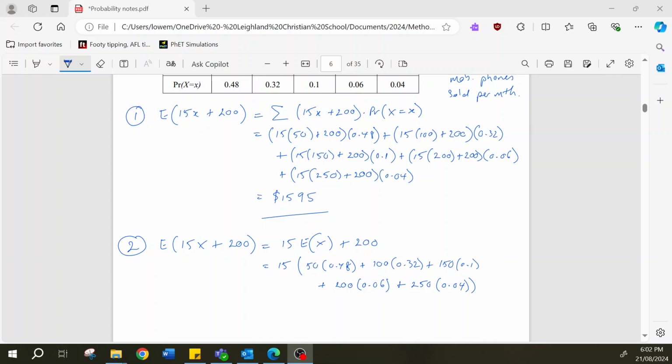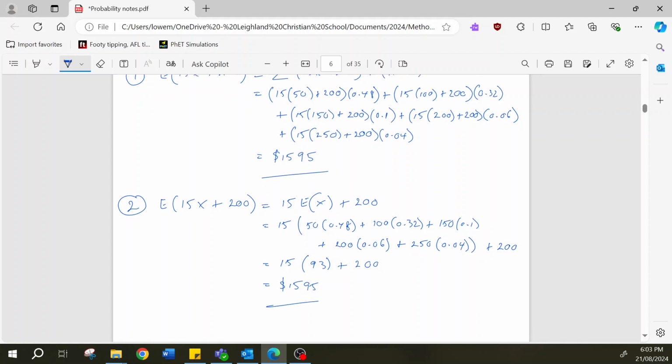And then plus the 200 on the end, and that works out to be 15 times 93 for the expected value of x plus 200, and that also adds up to the $1,595 for her expected salary.